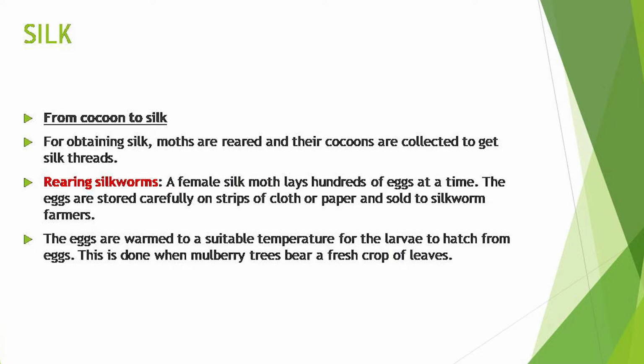The eggs are warmed to a suitable temperature for the larvae to hatch. This is done when mulberry trees bear a fresh crop of leaves. The larva called caterpillar or silkworm eats day and night and increases enormously in size.